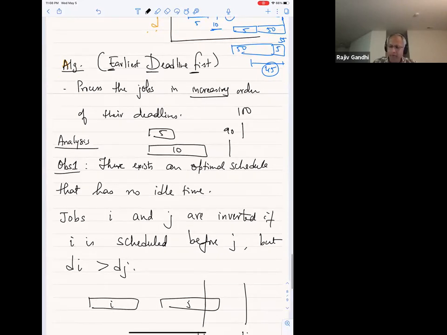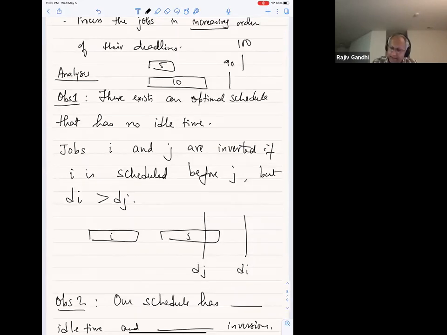One way I can schedule these jobs is to schedule the job with processing time 5 starting at time 0, and then wait until time 80, and then schedule the job with processing time 10, right?